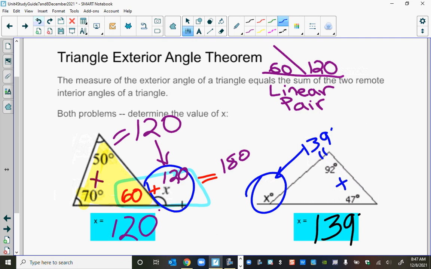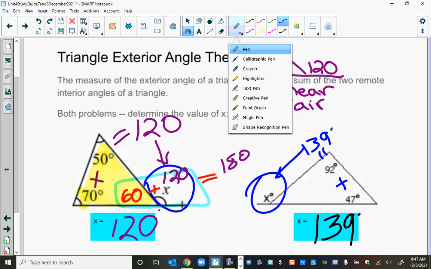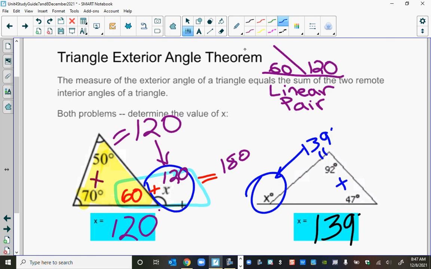Because again, the sum of these two angles has to add up to 180. So since we have 139 over here, the angle inside has to be 41. All right, questions? Anybody have any questions?